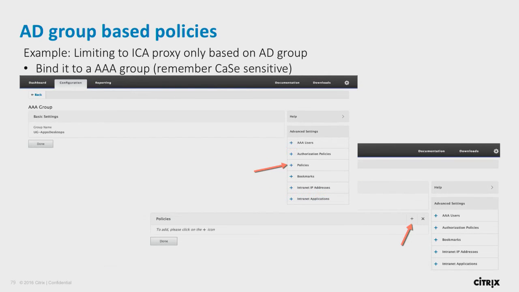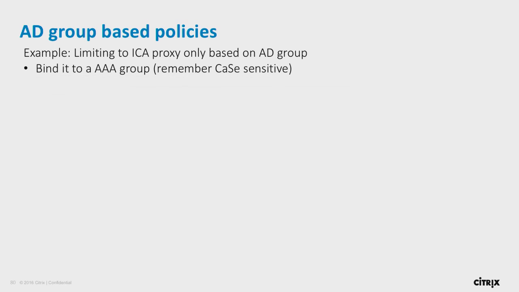By doing that, now I have a new policy, and I go back to the AAA authentication groups. I'm on the authentication groups that I created. I call it Unified Gateway, Apps on Desktops. I go to policies, and I click on Add Policy.